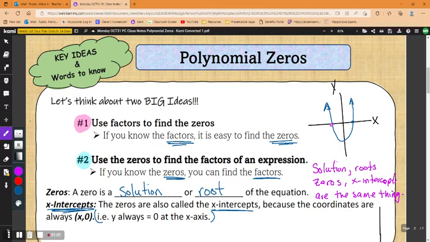It's where a graph intersects the x-axis. It's the points on the x-intercepts. It's the zeros, or it's the roots to the equation.